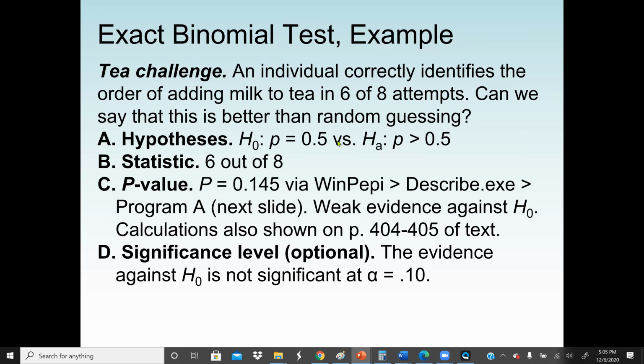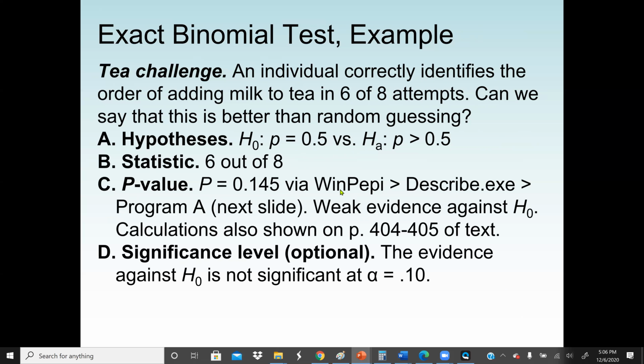Random guessing means everybody has an equal chance, so we use p equal to 0.5. Here we have 6 out of 8. So the p-value will give me 0.145.